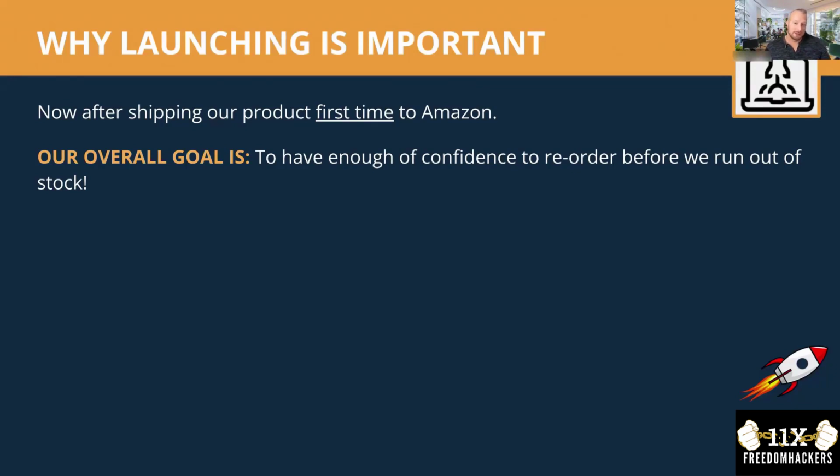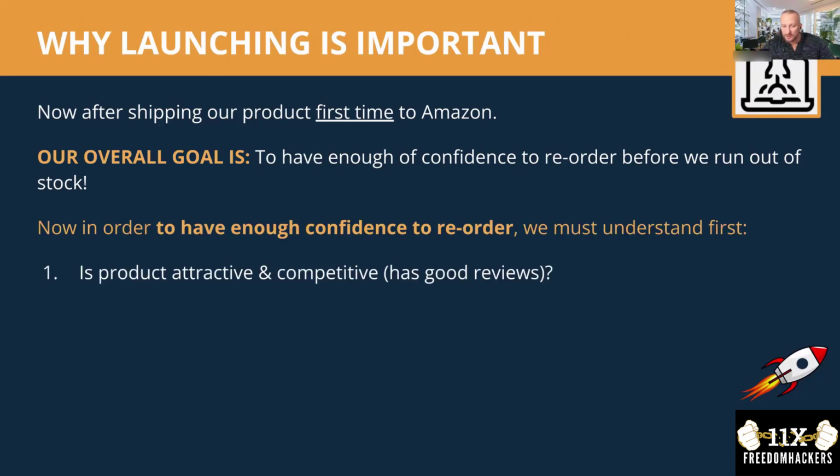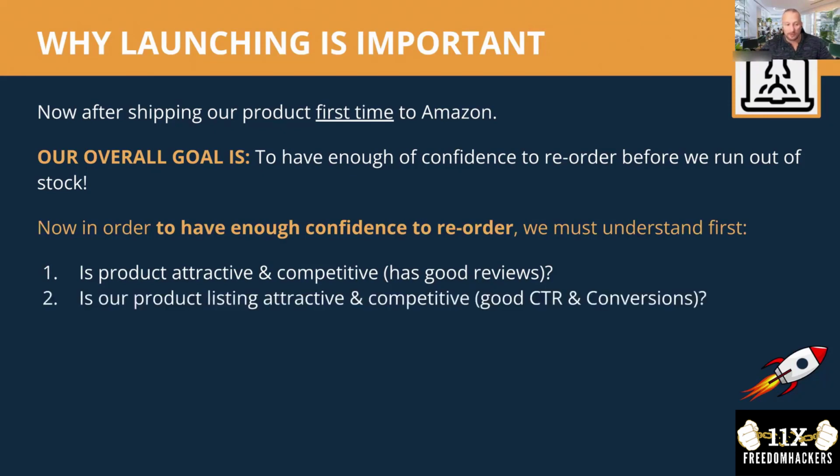How do you know? Should I put more money into this product, or should I find another product? To have enough confidence to reorder, we need to understand: is it attractive and competitive? Does it have good reviews and good quality? Is the listing attractive or competitive? Do you have a good conversion rate?